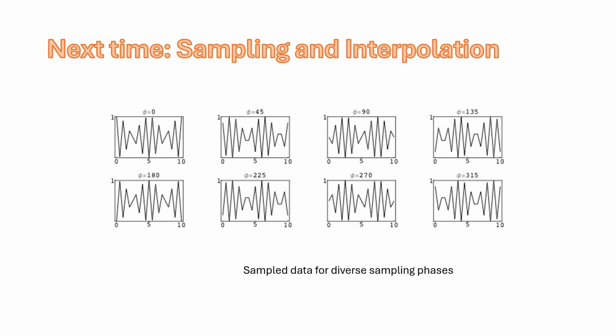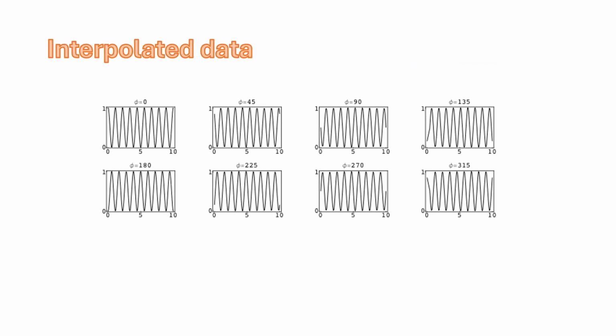This is a cosinusoidal signal that's the same signal, but the phase is shifted, and you see the data looks different as the phase shifts. But if you take exactly this data from these plots and interpolate it using this Shannon interpolation formula, you can see that the interpolated signals all look exactly the same because they are in fact the same signal.